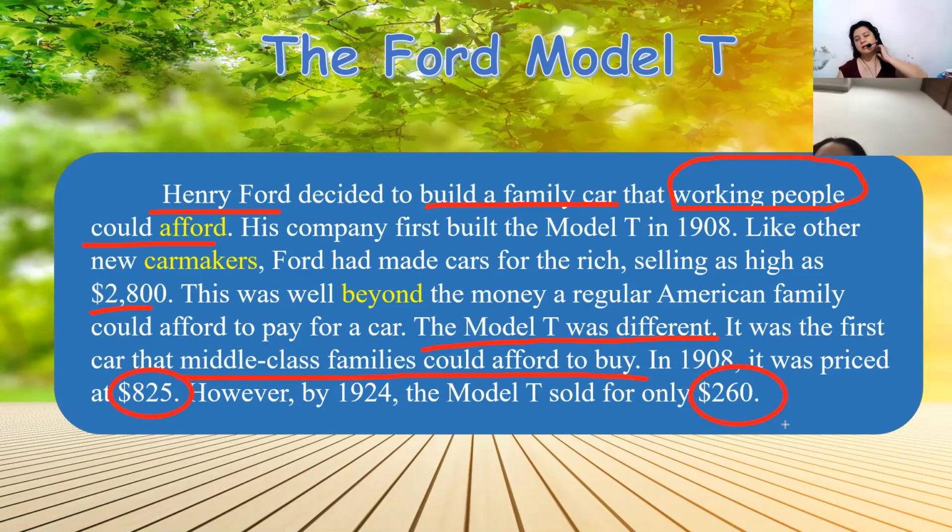So meaning Henry Ford was selling cars to the rich first. He made cars for the rich only. But when he built the Model T, it is different because the working people or the middle class can afford to buy a car now if they buy the Model T.